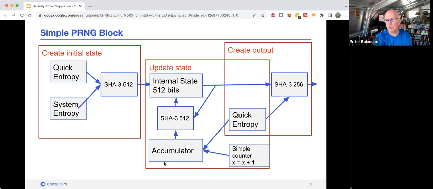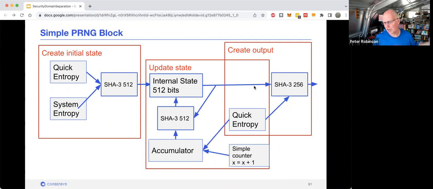So this is a single block, and this is a PRNG. This is rolling your own crypto a little bit, but not really. You come up with the initial state of your PRNG by combining system entropy and that quick entropy. And when you need to create output, you do a SHA-3 256 between the quick entropy and the internal state.